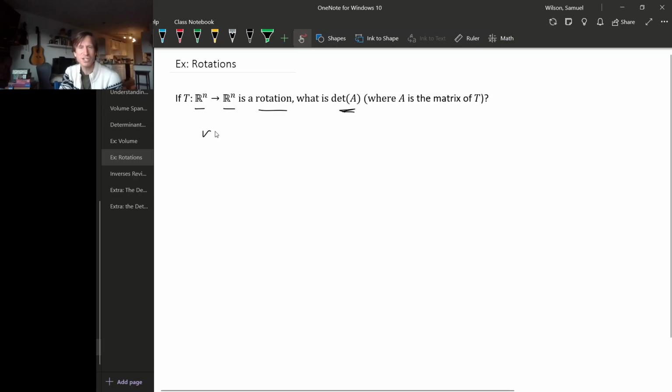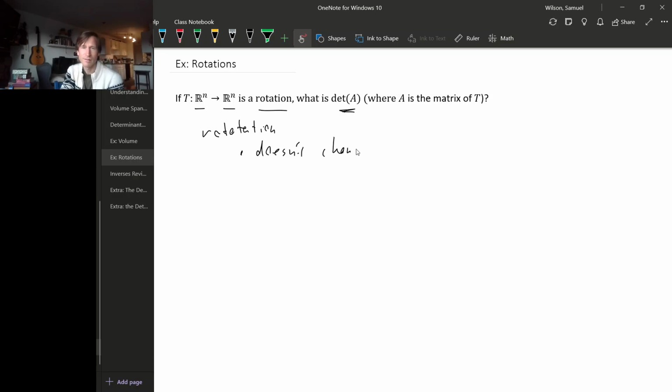Well, rotation, on the one hand, doesn't change volumes. Whatever shape of any volume you start with, if you rotate it in any way, it has the same volume.